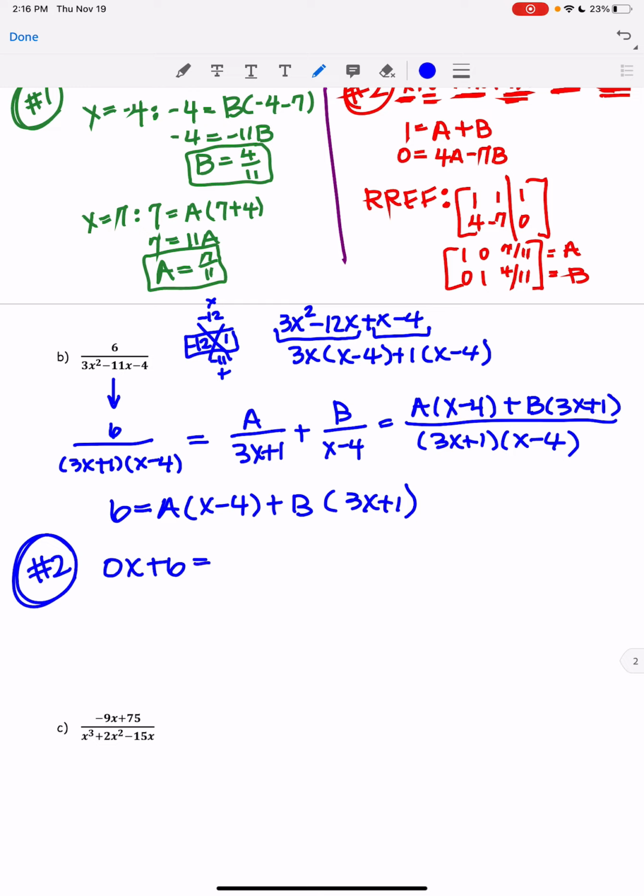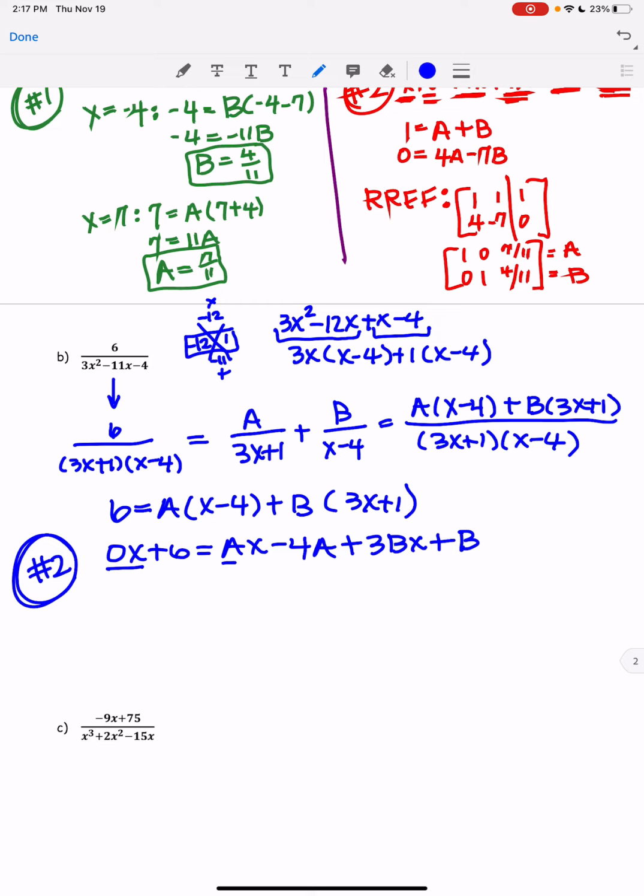Distribute. Let me move this up some. Okay, so we've got ax minus 4a plus 3bx plus b. So write your systems of equations.